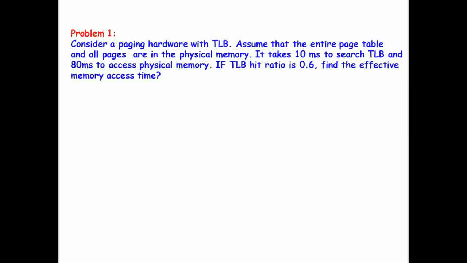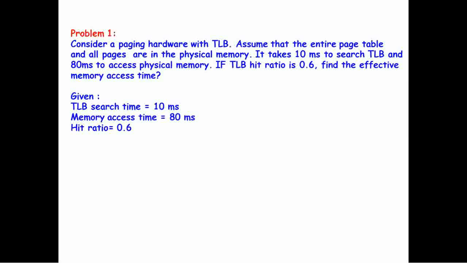Let us write the given data. TLB search time is given as 10 milliseconds. Then memory access time, that is access to physical memory is nothing but memory access time. It is given as 80 milliseconds. TLB hit ratio is given as 0.6. We need to find effective memory access time.